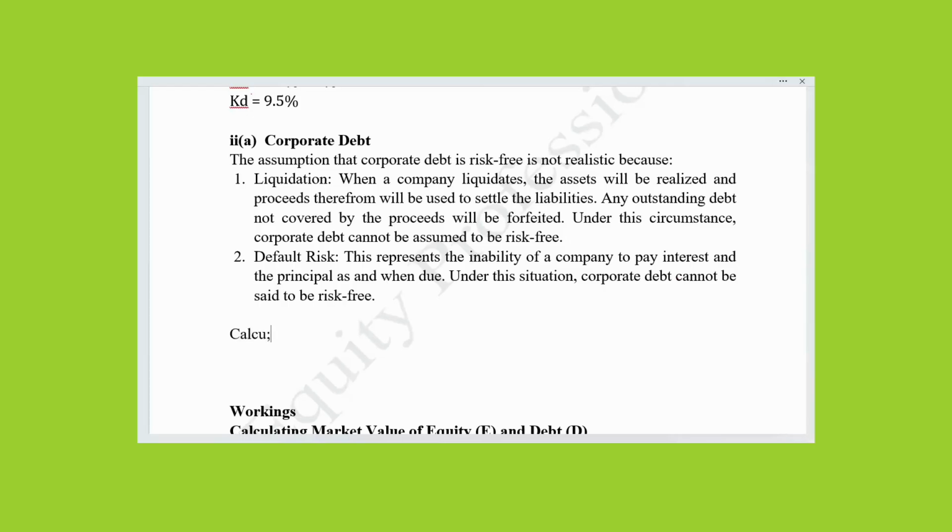So calculating project-specific cost of capital, where debt beta of 0.3 is given. So now that you are given a debt beta, how are you supposed to calculate your project-specific WACC?